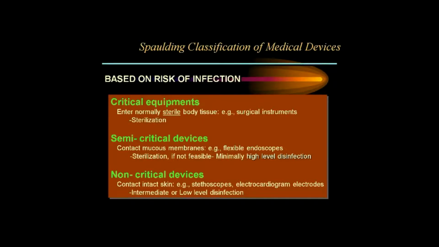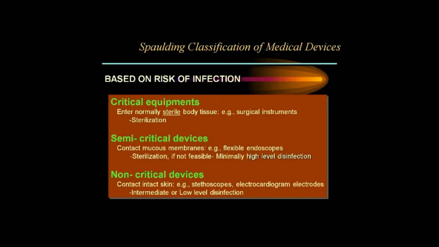Whereas semi-critical devices are those which enter an area covered by mucous membrane. A classical example is the gastrointestinal or respiratory system, like bronchoscopy or gastroscopy. So even though sterilization is preferable, if it is not feasible, we can go for high-level disinfection, because you always have a mucosal membrane as a barrier to prevent infection getting in.